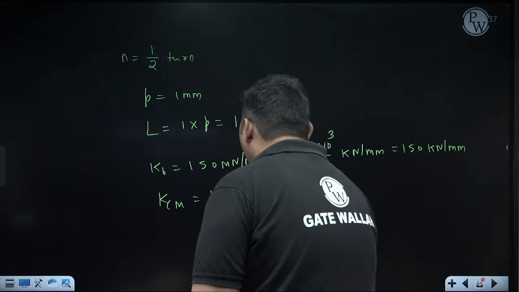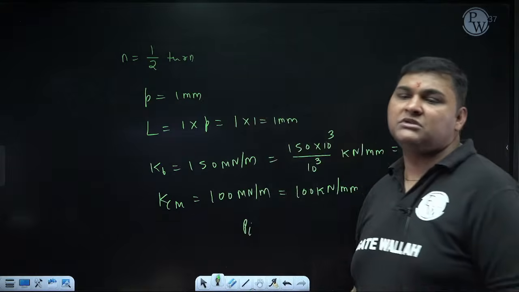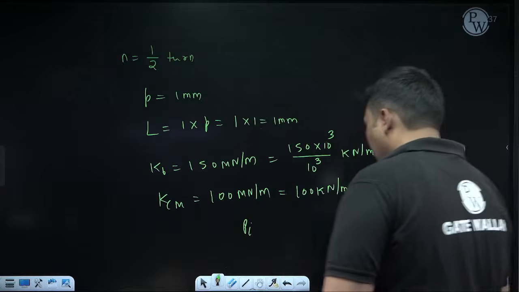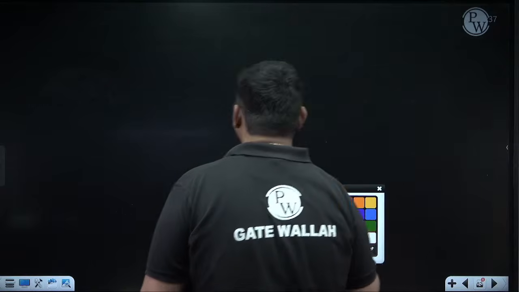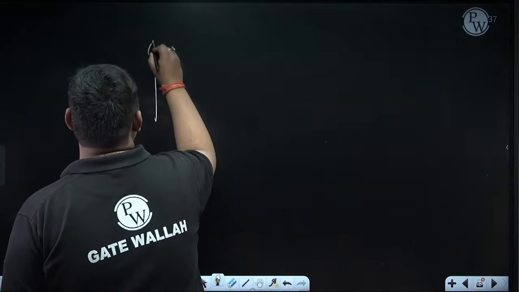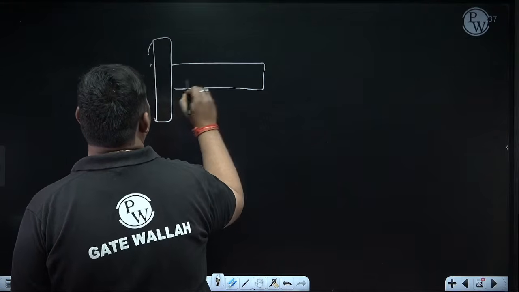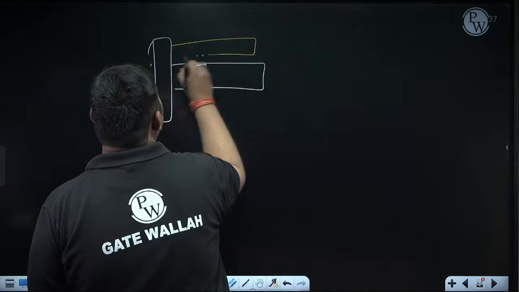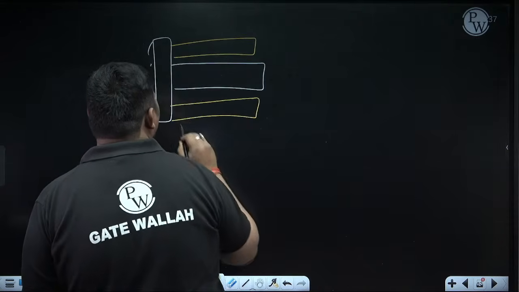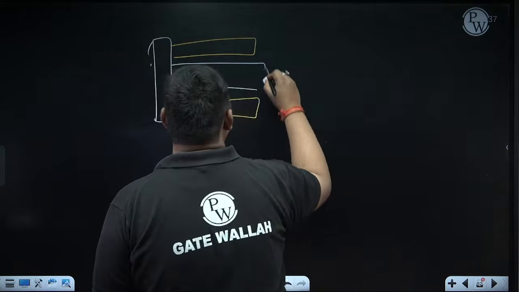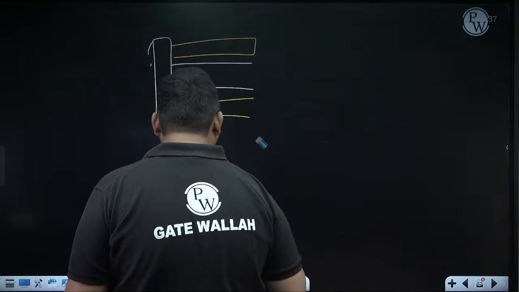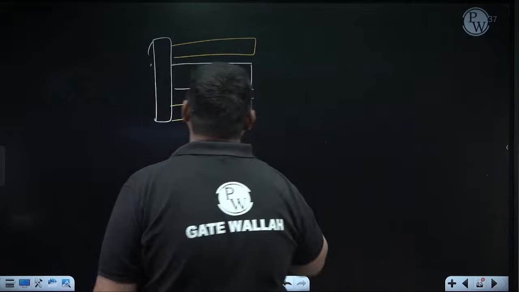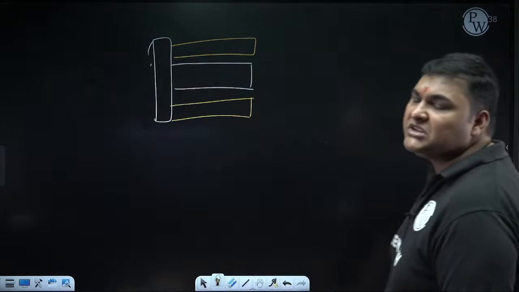So indirectly we have to calculate preload, because the axial force in the bolt due to pre-tightening will be equal to preload. See, for this type of problem, you can remember, suppose this is the bolt, FBD of the bolt, and with this yellow color I am showing the connecting member. See, due to tightening, this we have discussed in the class, the connecting member will always compress. So what will happen? Suppose due to tightening, the load which is coming is Pi.